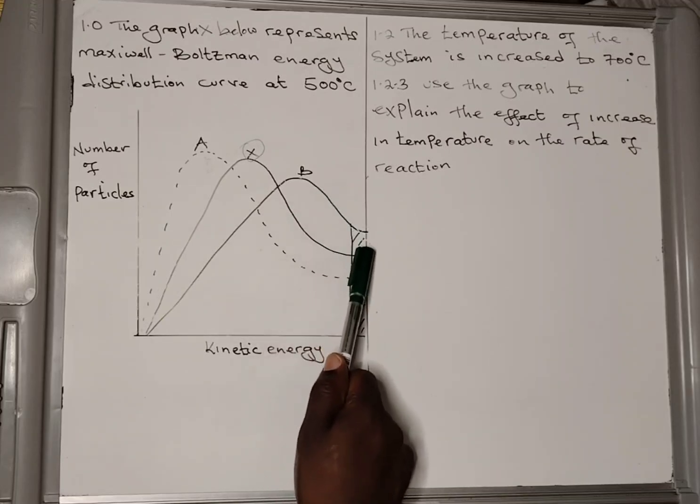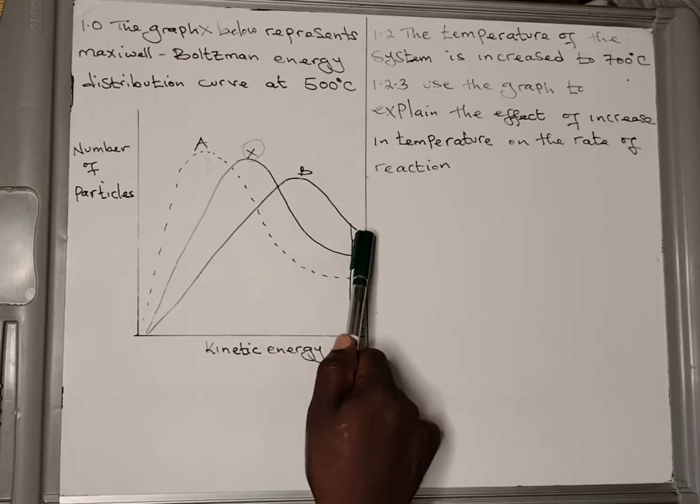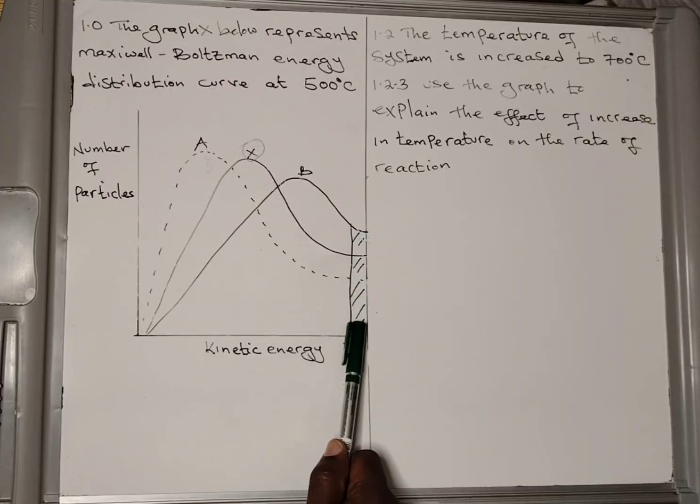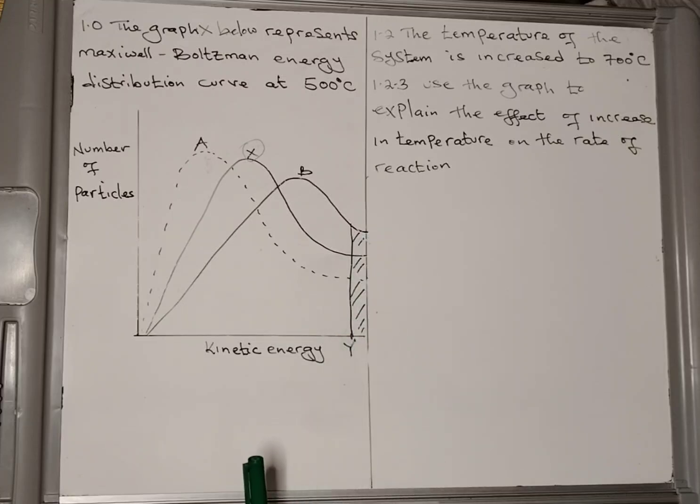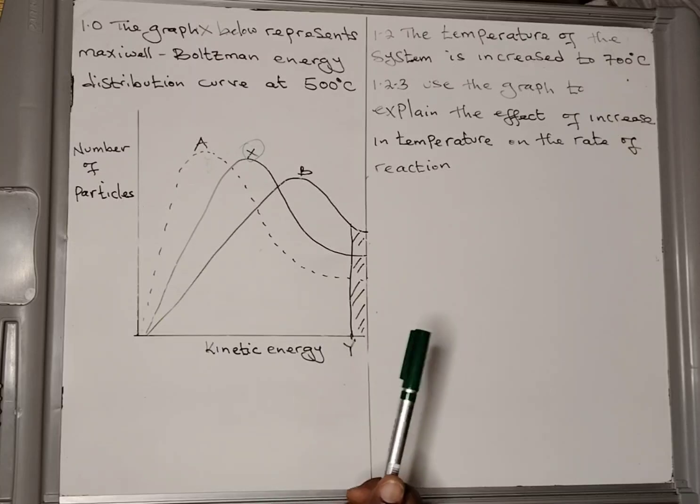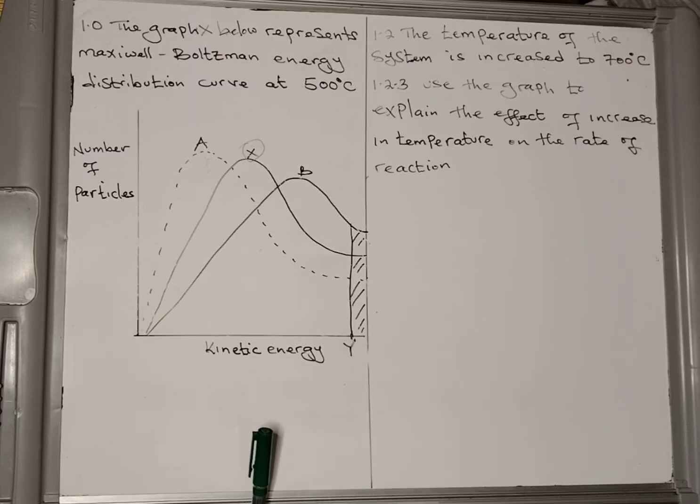When you increase temperature, the shaded area increases. And what does the shaded area represent? It represents the number of particles with enough energy to react. So that's the explanation. Increase in temperature increases the number of particles with enough energy to react.